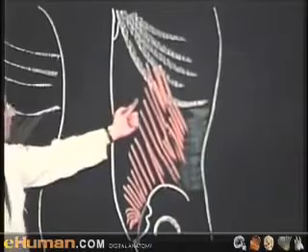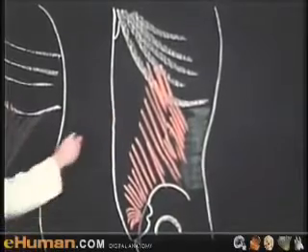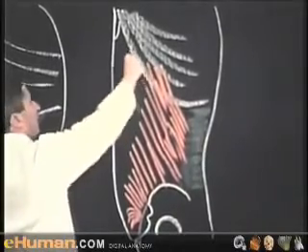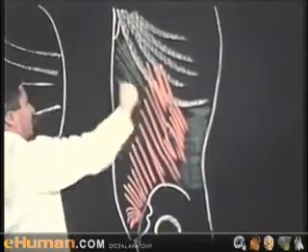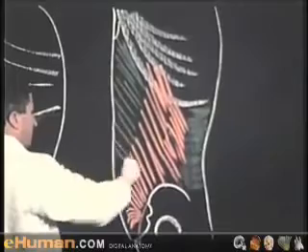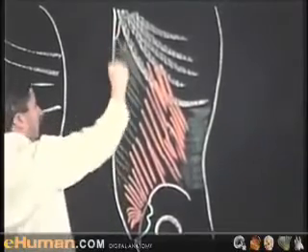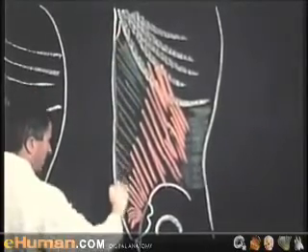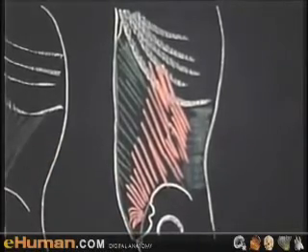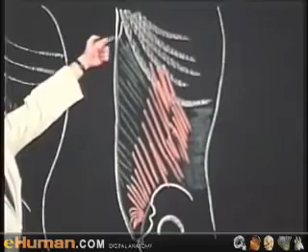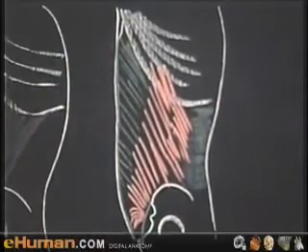Now, from this point onwards, the fibers continue as an aponeurosis, which extends towards the midline and fuses with the linea alba. The linea alba, you remember, was that thickened fibrous band which extended down from the xiphoid process to the symphysis pubis.